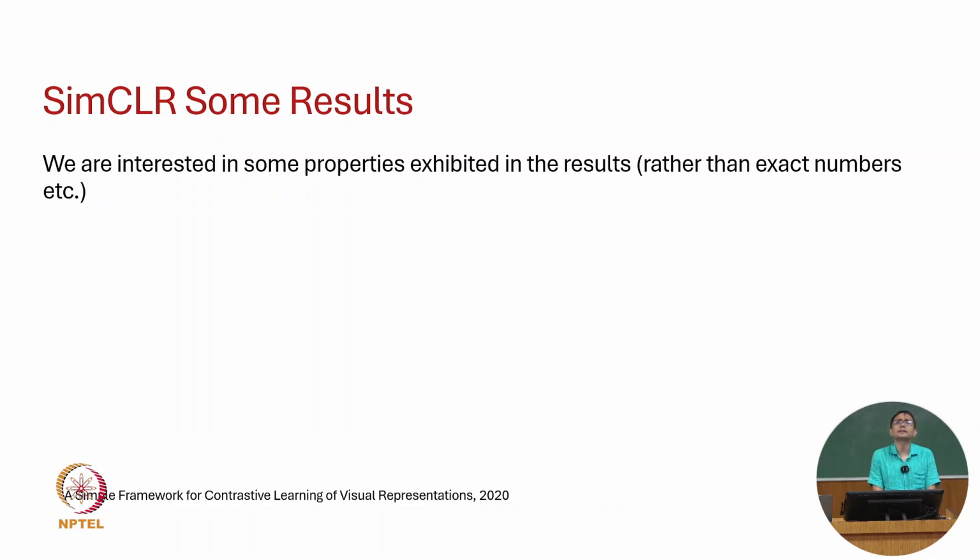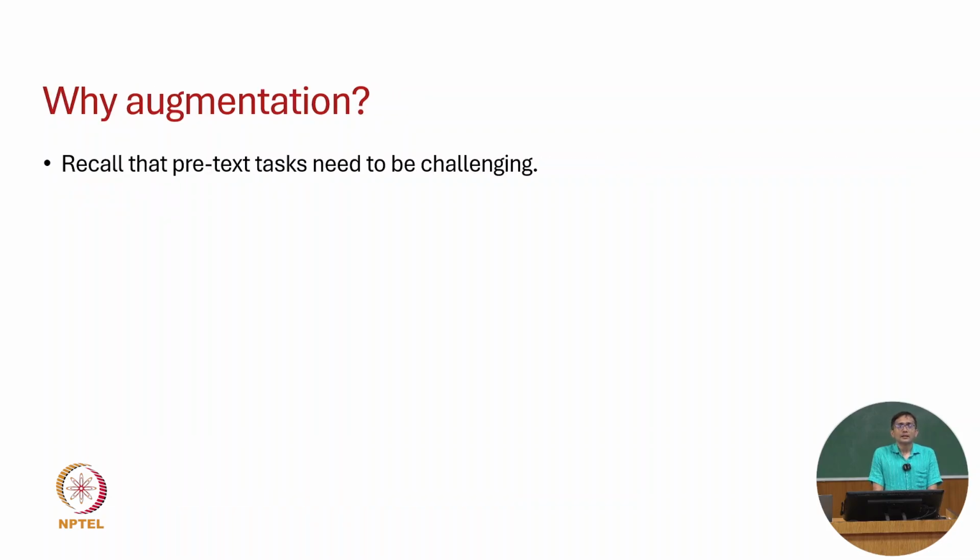So what are those properties? One aspect related to the algorithm itself: we have seen that augmentation is a very important part of the algorithm, right? And we remember the principle that pretext tasks in self-supervised learning need to be challenging. If the pretext tasks are not challenging, then the self-supervised learning would not work well.